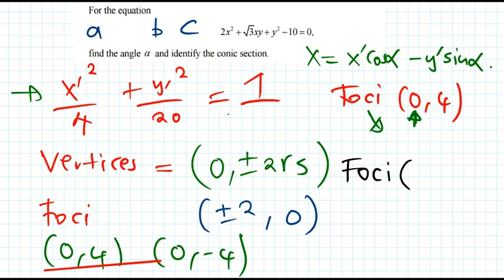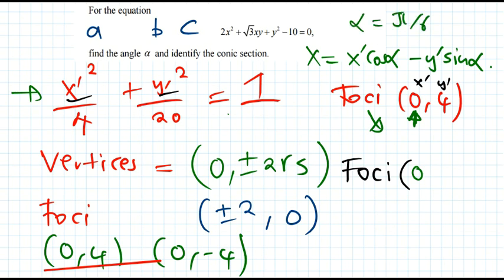Remember we were dealing with x prime, y prime. So if we're taking it back to the original form, we use that equation. So we're going to have the x prime, which is 0, multiplied by the cosine of the angle that we found. What was the angle? If you took note of it, the angle was pi over 6, which is 30.